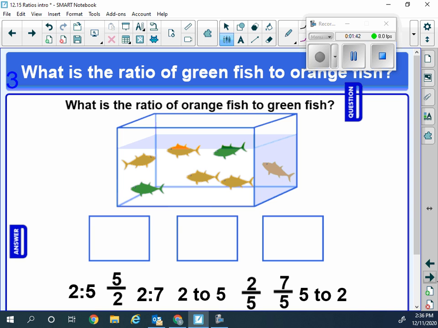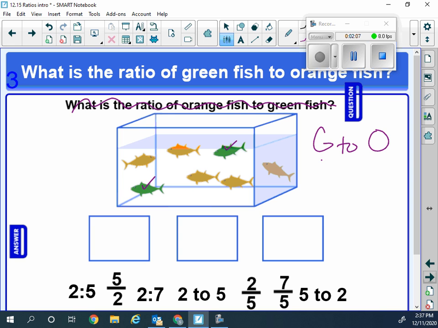Okay, so now what we're talking about is the ratio of green fish to orange fish. Okay? What is the ratio of green fish to orange fish? So we're looking for green to orange. Well, first let's count our green. 1, 2.